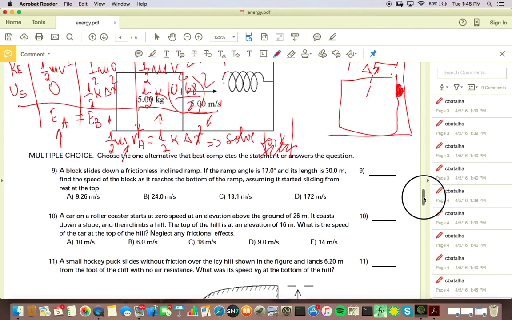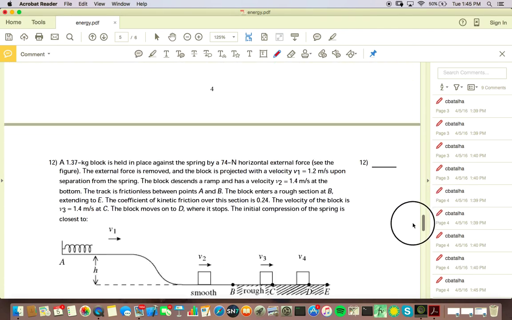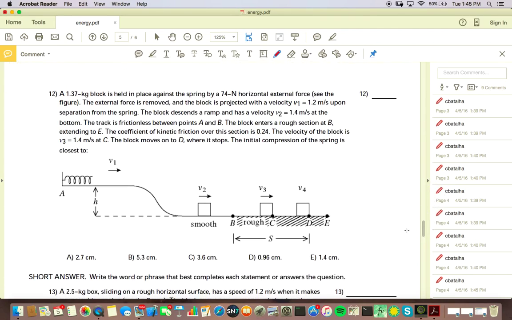Okay, let's see if there is another question with a spring. This one. We have a block that is held in place against a spring by a 75 newton horizontal external force.